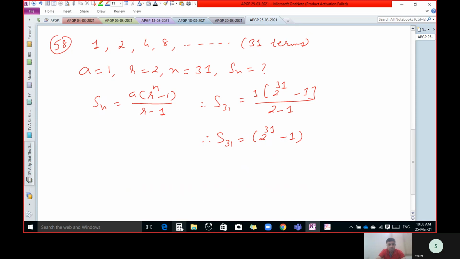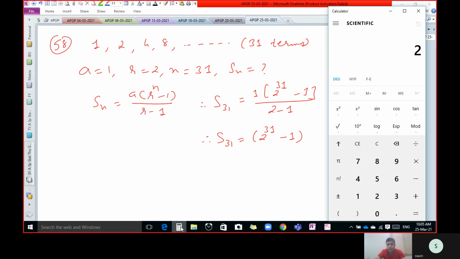If you want the answer, you can use a scientific calculator. 2 raised to 31 minus 1, this much paisa, divided by 100, so this much rupees. It's quite a big amount.